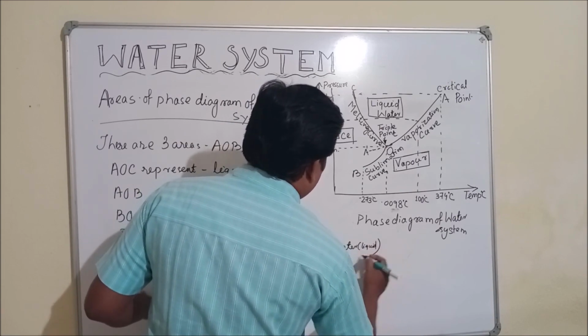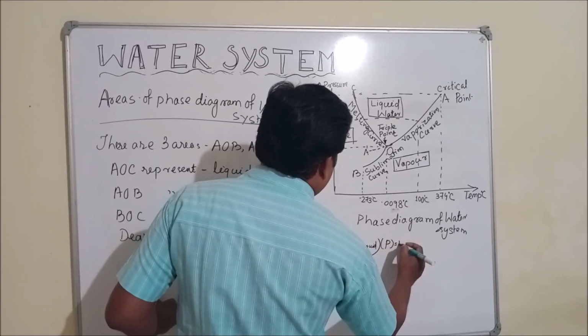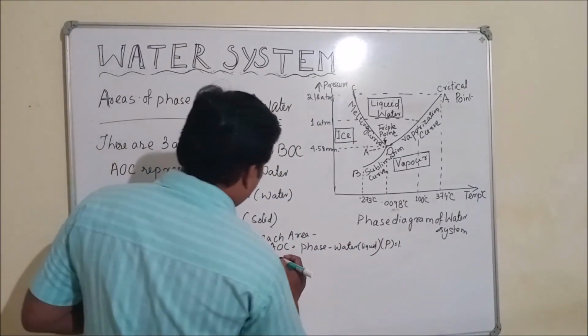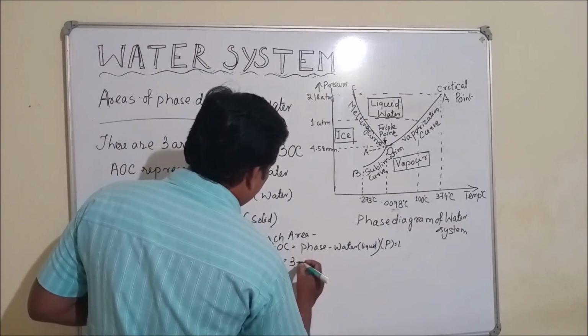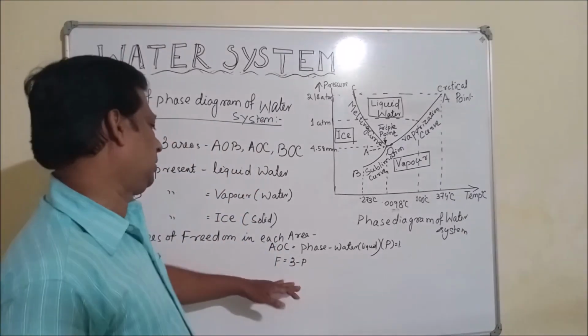If it is liquid water, then the number of phases P is equal to 1. We have already discussed that the degrees of freedom F is equal to 3 minus P for the water system.